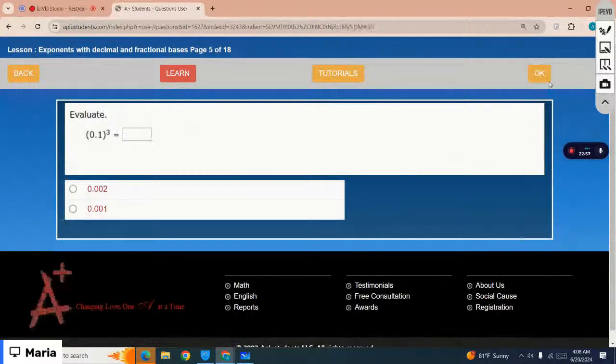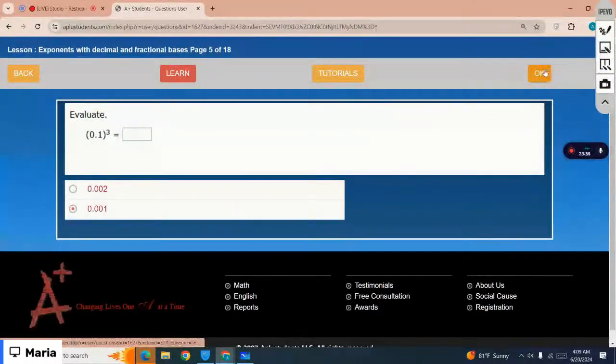The next one is 0.1 exponent p. So which is the correct option? Yes, the correct option is 0.001.